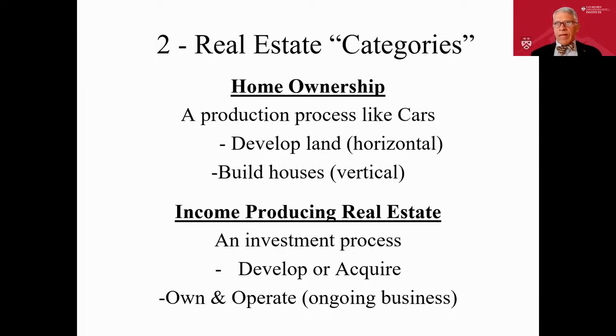And then you sell finished lots to home builders, and most of the large home builders in the United States, US Homes, Pulte, are names that are kind of known around the country. They'll come in and take down 50 or 100 lots in a subdivision to build houses on, and that's obviously the vertical construction.